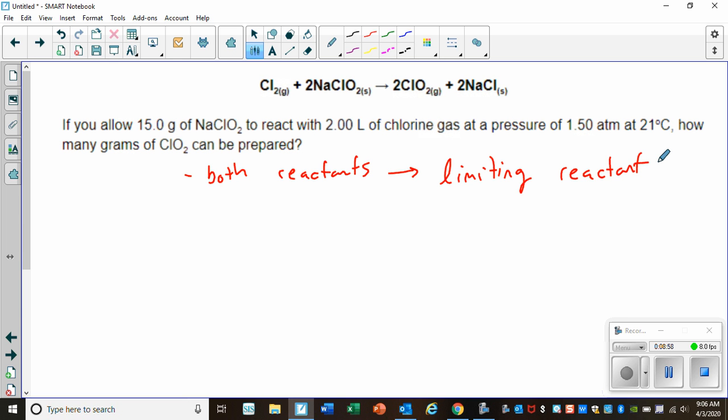So we do unfortunately have to use both of these to solve. So what we can do is set this up.